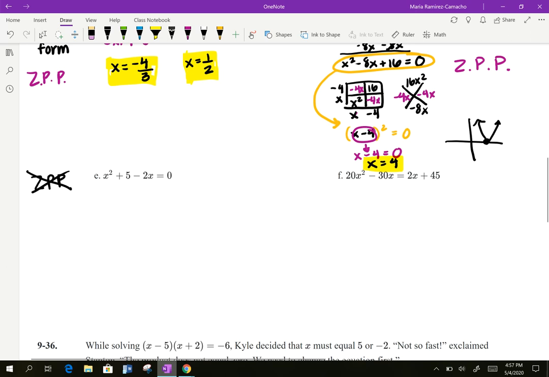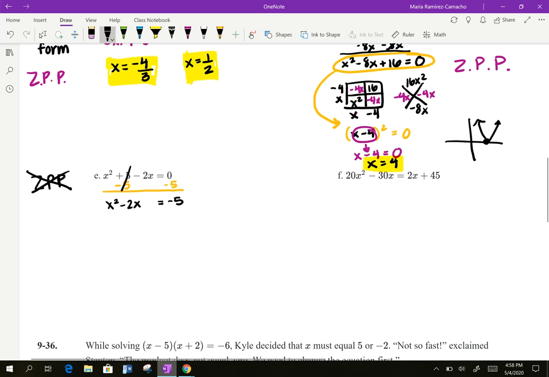We could always use the quadratic formula, but you know what we haven't done yet? We have not completed the square, so let me remind you what that is again. We take the constant term and we subtract it over to the other side. So now I have x squared minus 2x equals -5.